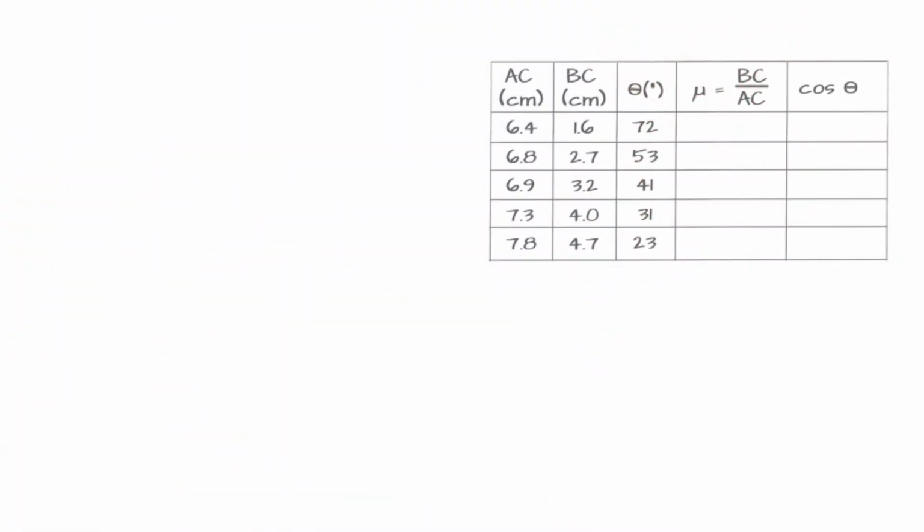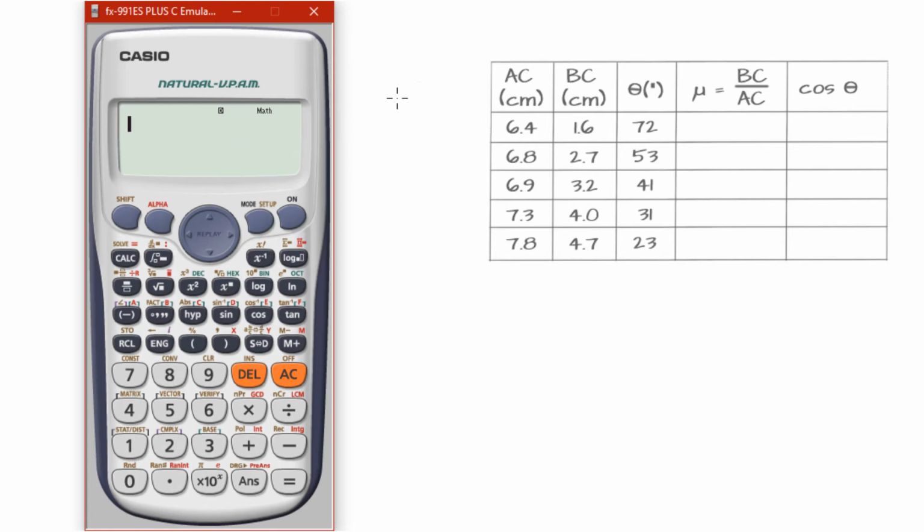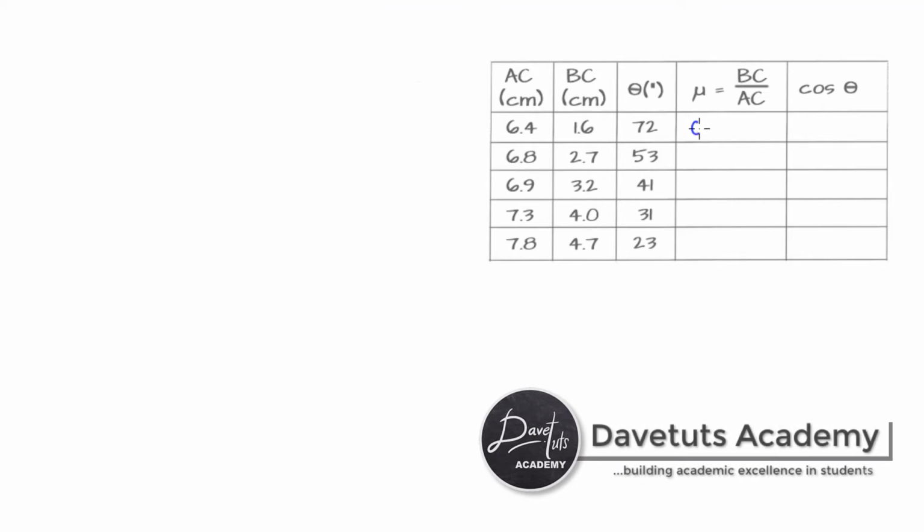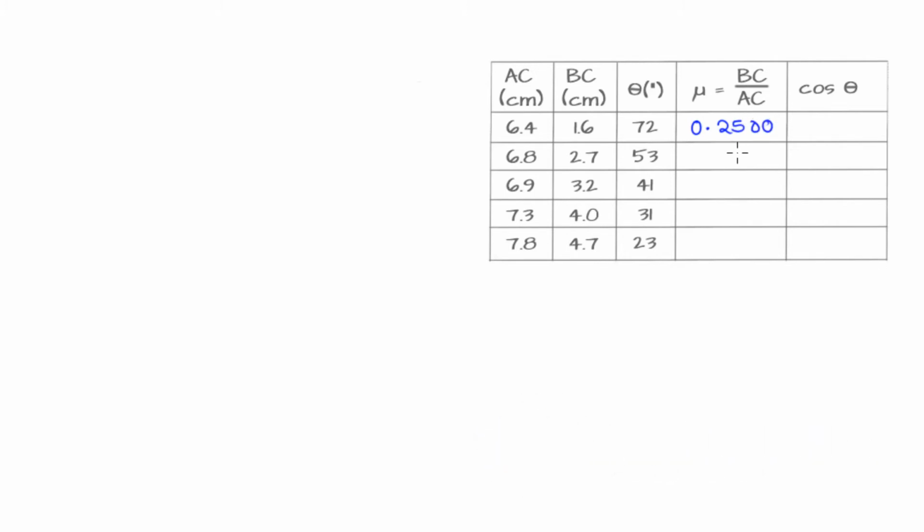Now we have our table of values, and if you are noticing, I'm putting the unit of all the measurements. You also want to do that. When you have AC, put the unit in centimeters, theta in degrees. Then for mu, we have BC over AC. That's 1.6 divided by 6.4, and that is 0.25. Because I'm going to be having decimal places, it's ideal that you use as many decimal places as possible.